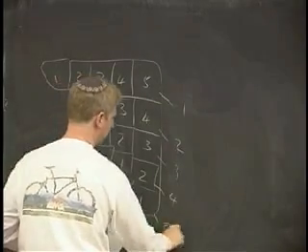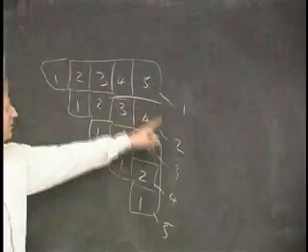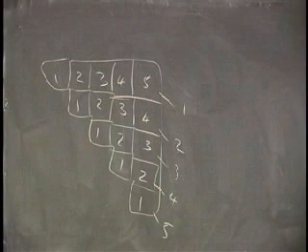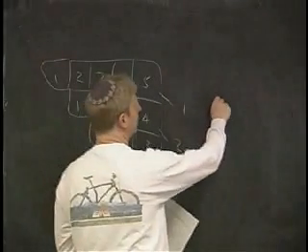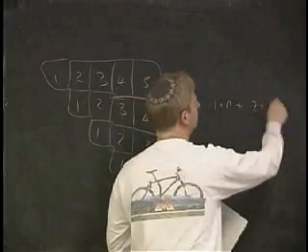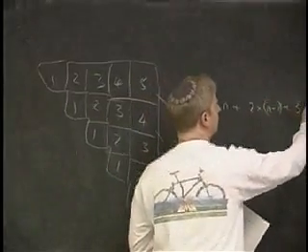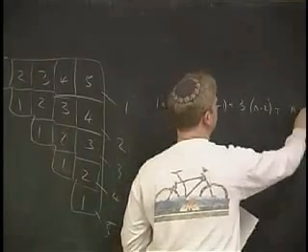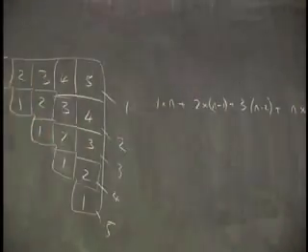This takes, so there's one of these, it takes 5 steps. 2 of these, they take 4 steps. So the numbers reverse. So we get a sum that looks like this: 1 times n plus 2 times n minus 1 plus 3 times n minus 2 all the way up to n times 1. It just reverses.